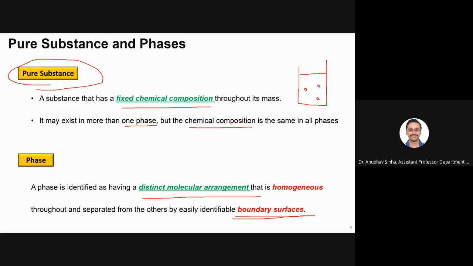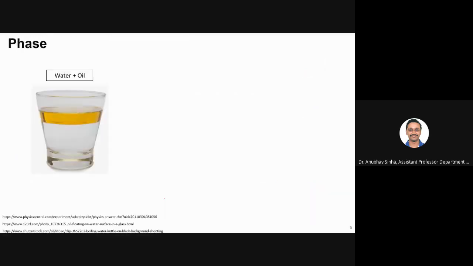But in liquid also we can have two phases. Let's see one example. So we have water plus oil. So how many phases are here? Anyone? Two. Two.